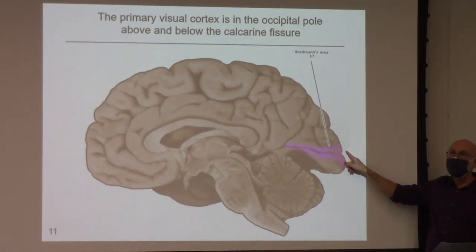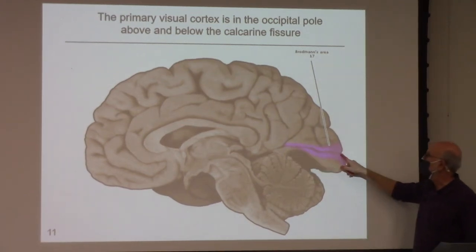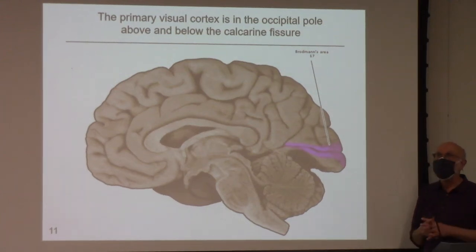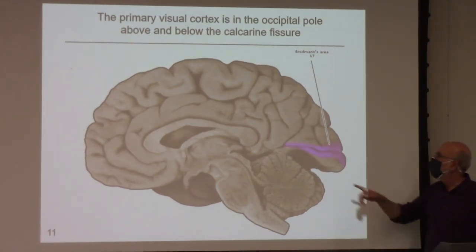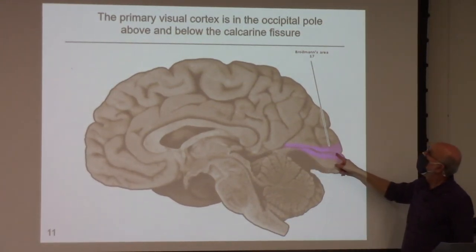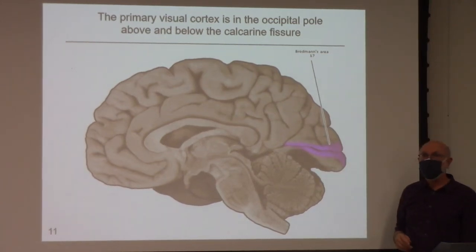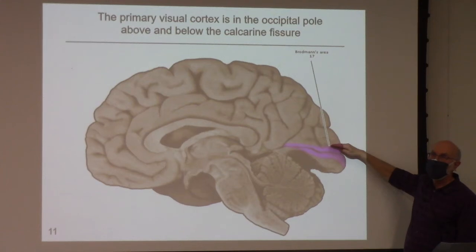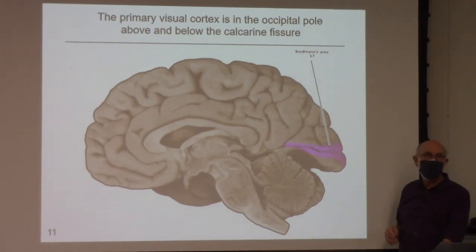I do want you to know the name of the calcarine sulcus and posterior occipital lobe. That's part of the neuroanatomy of vision. Calcarine sulcus, or calcarine fissure. There's a gyrus above it, and there's a gyrus below it.